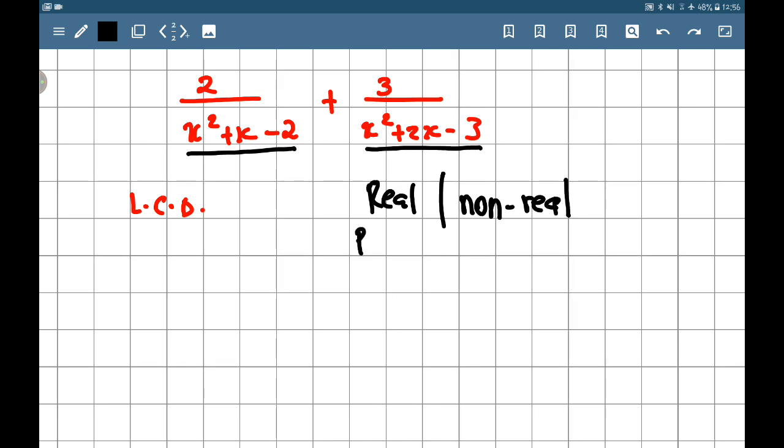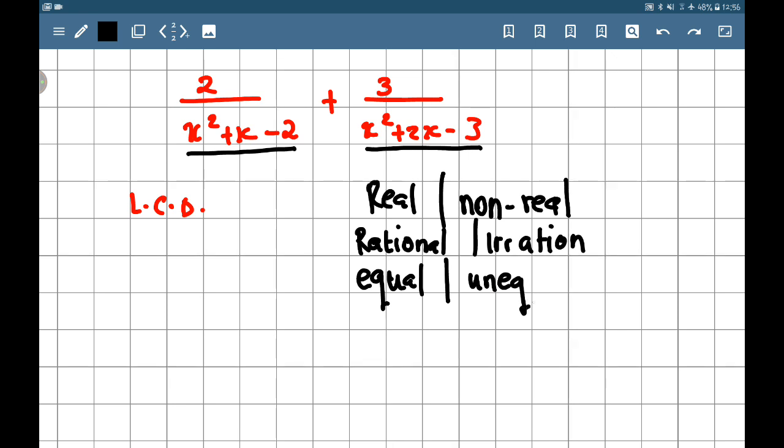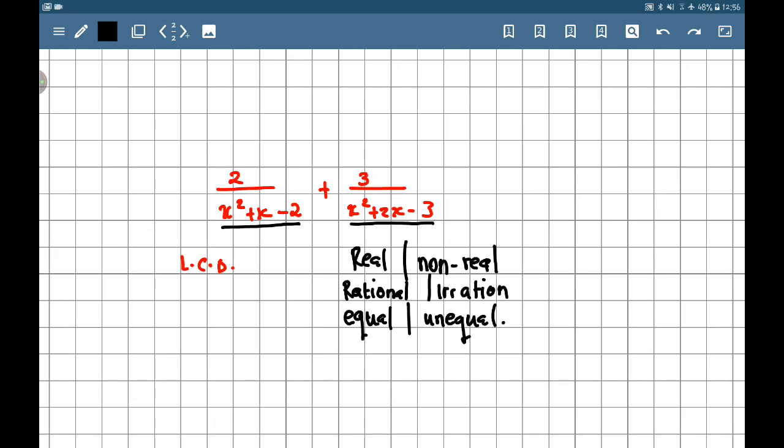They can either be rational or irrational. And they can either be equal or unequal. So, when we investigate the nature of roots of a number, we need to understand all these things.